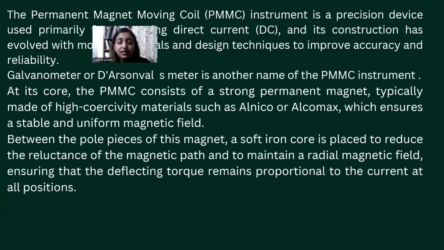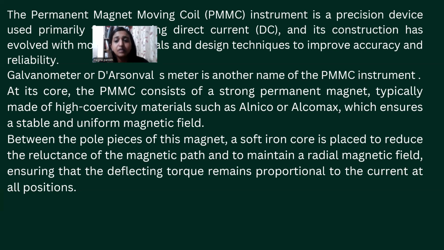Galvanometer or the d'Arsonval galvanometer is another name for the PMMC instrument. The PMMC consists of a strong permanent magnet, typically made up of a high coercivity material such as alnico or alcomax, which ensures a stable and uniform magnetic field.